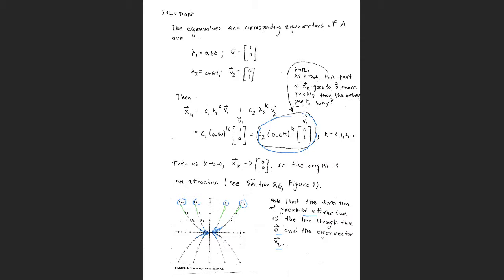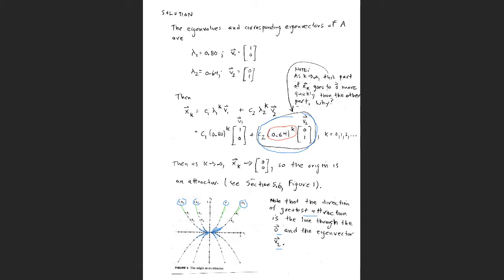But because 0.64 to the kth power dies down more quickly, the eigenvector v2 has more of an influence in the beginning, on the 0, 1, which is a vertical vector.